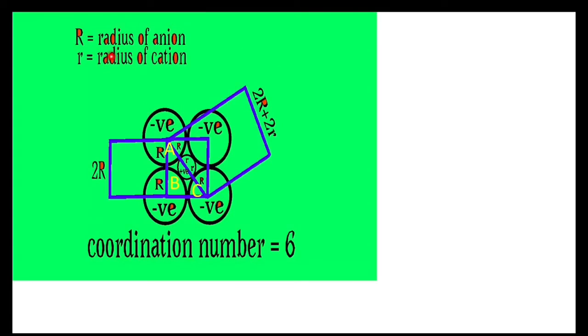Now we are going to discuss coordination number 6, that is the octahedral void. In this we have the triangle ABC, which is a right angle triangle.